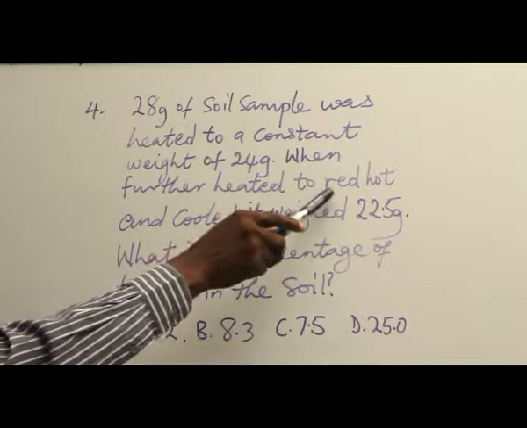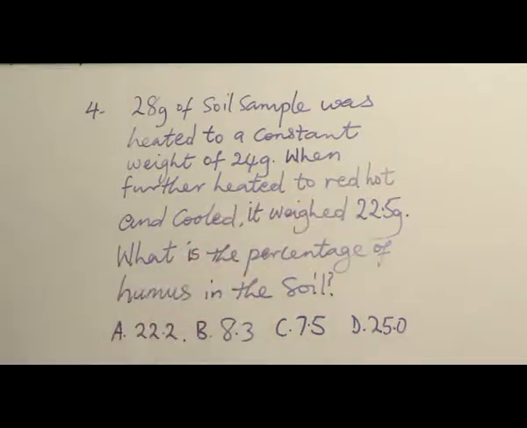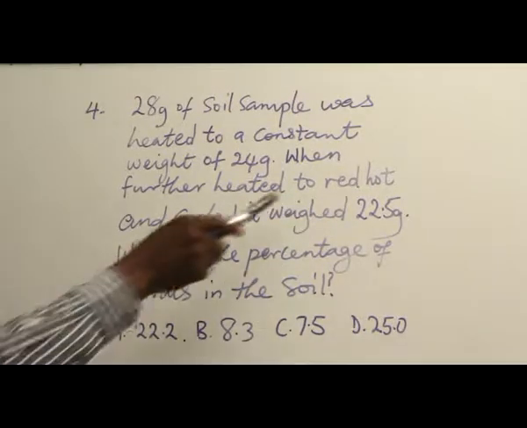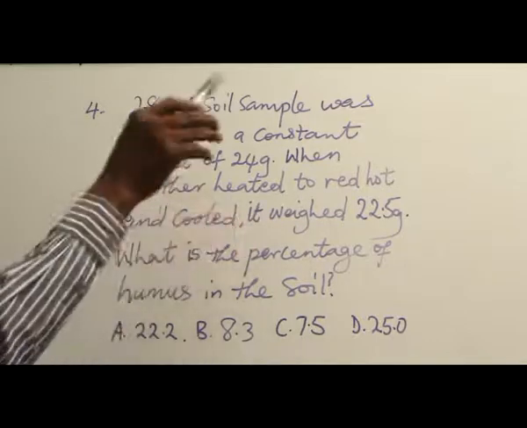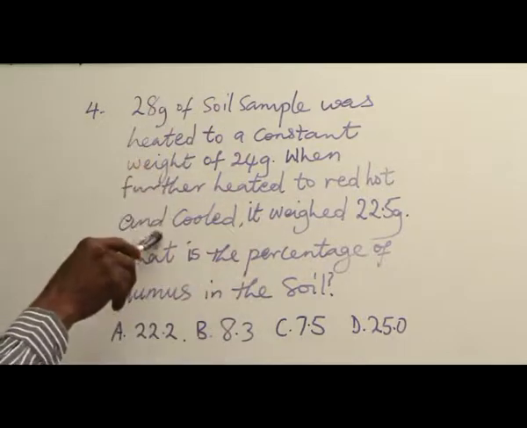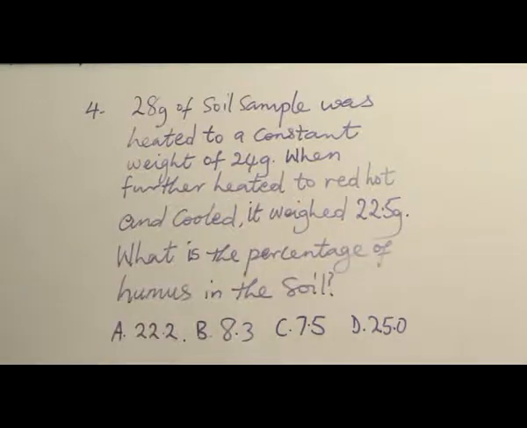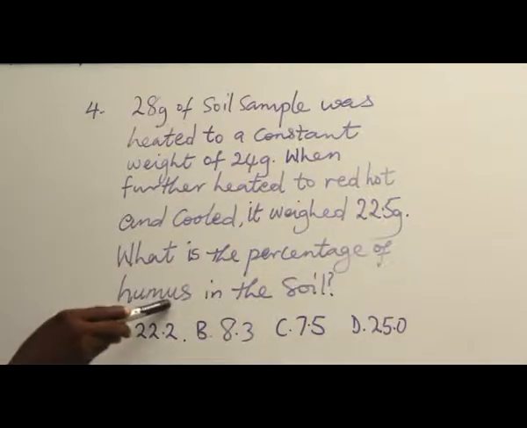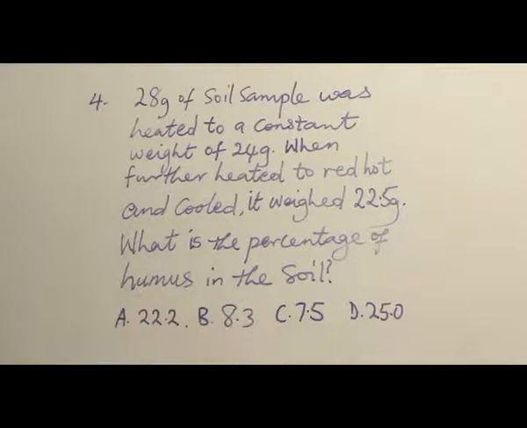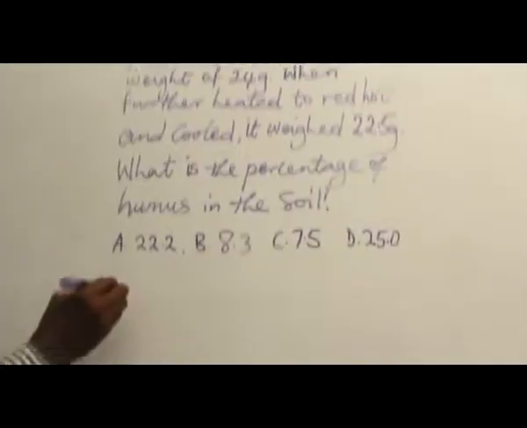you are burning off the organic matter in the soil. So when that is done, you will see smoke coming out of the soil. And when it has been cooled, the weight is 22.5 grams. You are now asked to find the percentage of humus in the soil. You have to gather your data like this.